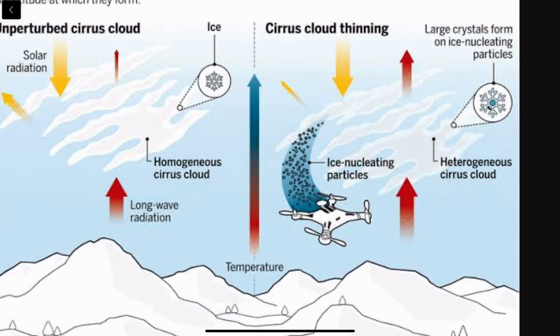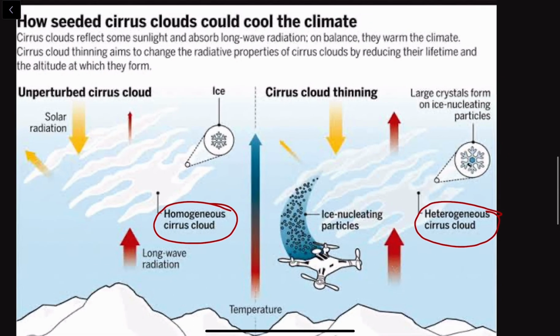On ice nucleating particles, this changes the homogeneous nature of the cirrus cloud, and it becomes a heterogeneous cirrus cloud, which is thinned in nature, with very low density, and it easily allows the long wave radiation radiated from the earth to easily escape to the space.